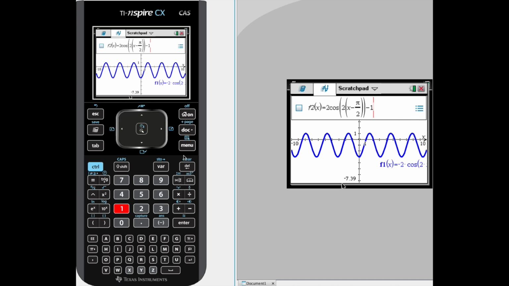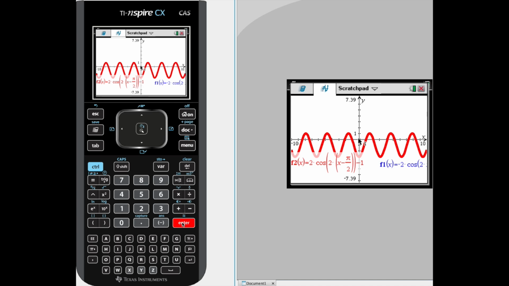And that should line right on top of our previous graph. And there we go. Seeing it line right on top. We don't even see that blue graph anymore.